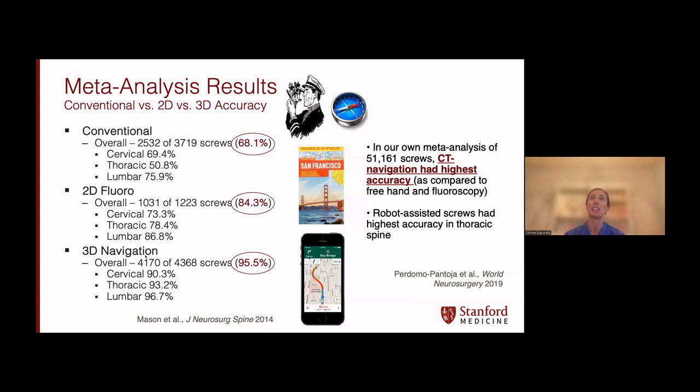So I'd say this is the equivalent of going from using a compass and paper maps, which I did used to use back in the day, to now GPS. I don't think any of us would go to a new country with our phones and not use GPS to get around. In our own analysis of over 50,000 screws, we found that CT navigation had the highest accuracy.